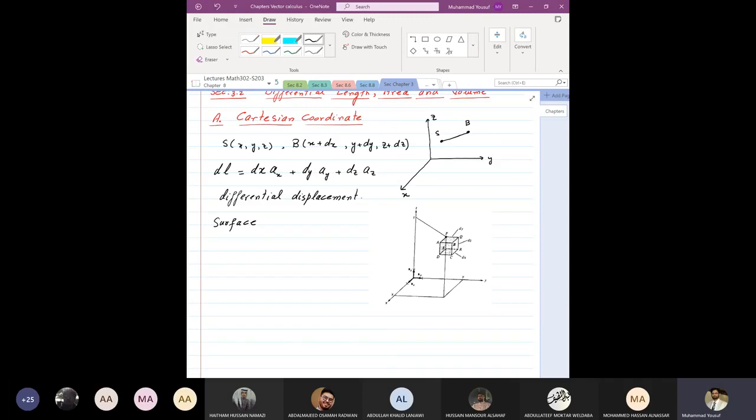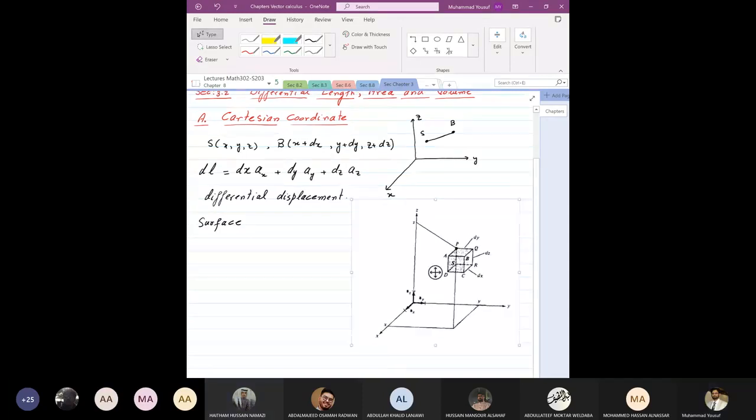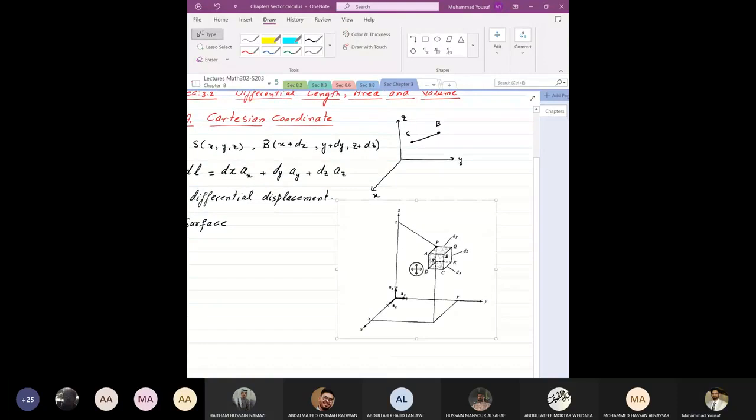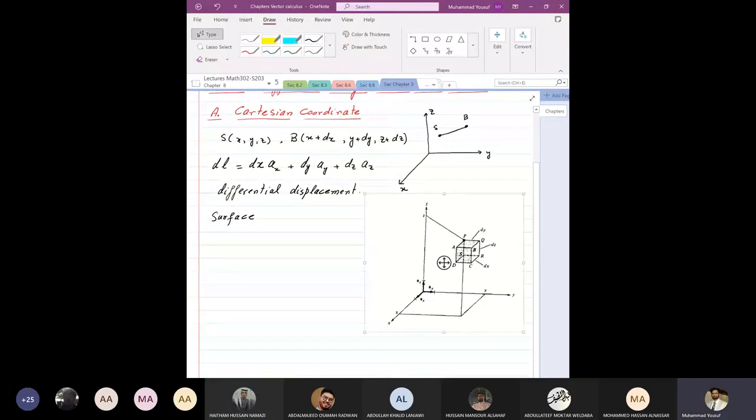A unit vector which is perpendicular to the face PQRC will be, this time I will wait, A sub y. A sub y, excellent. So similarly, for every face, we have a unit normal.